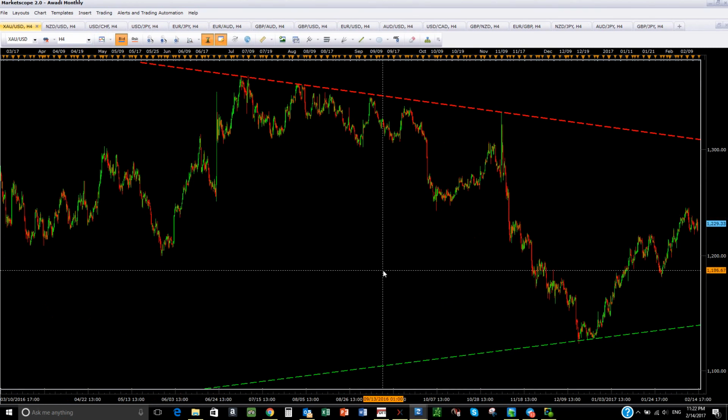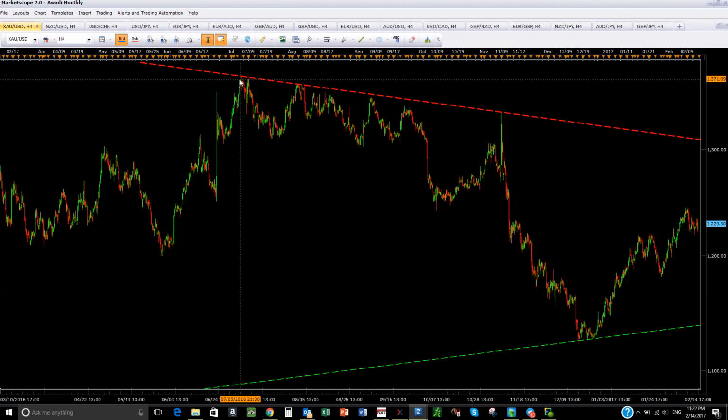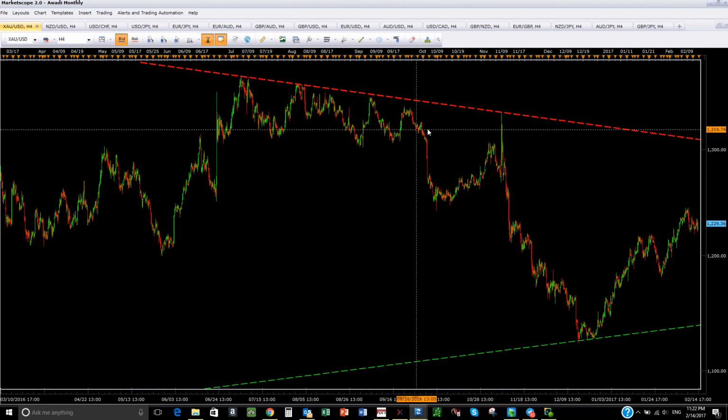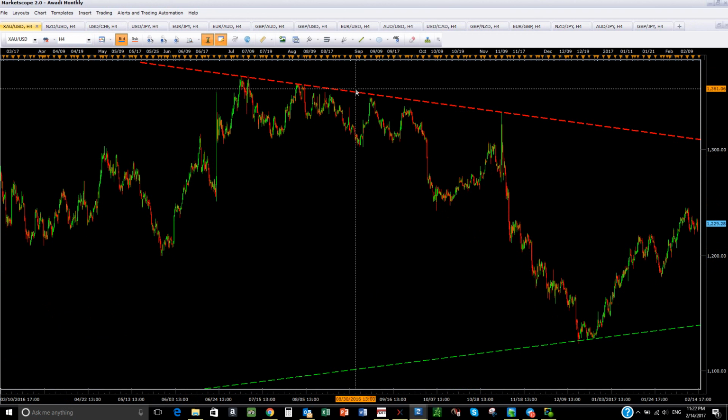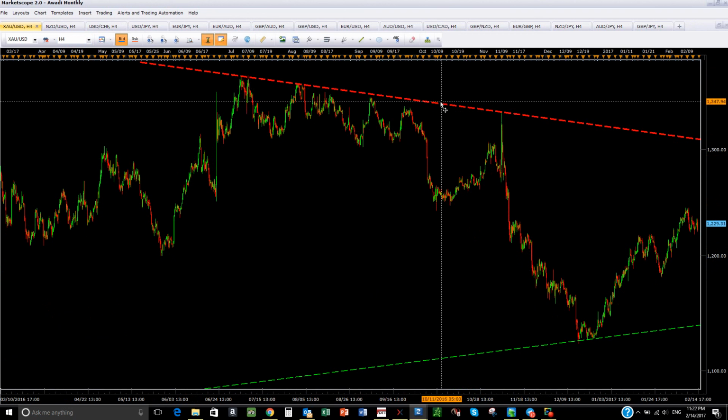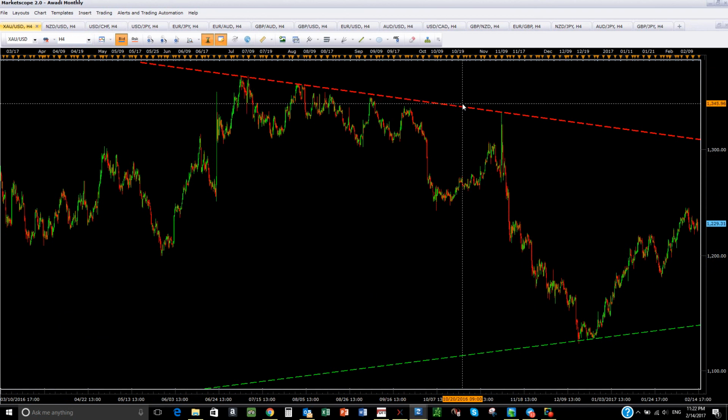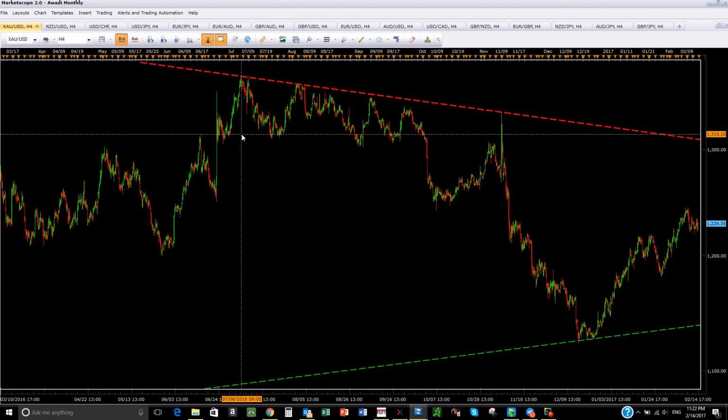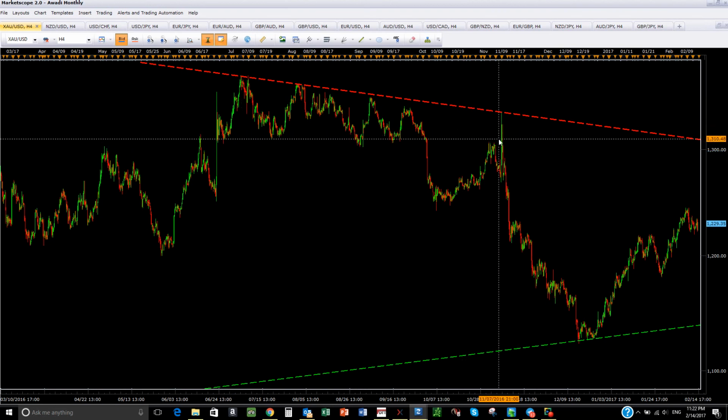All right. So my resistance line is already valid, since as you can see, so many points hit that resistance from that time until this time.